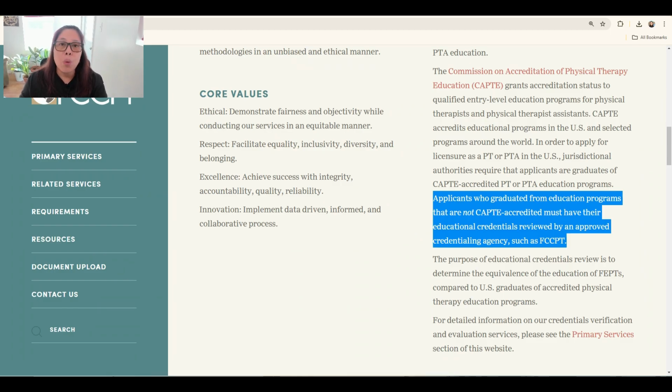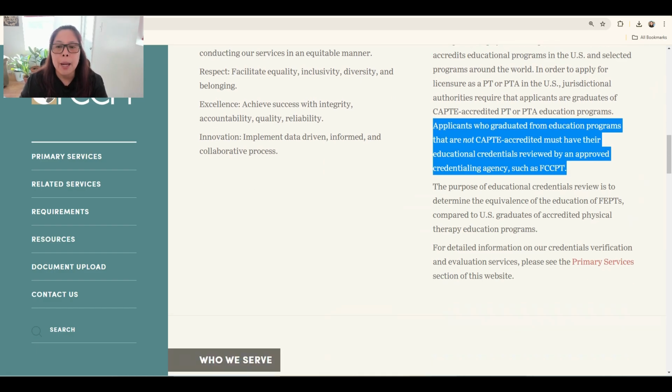Basically, since we foreign educated physical therapists are not under CAPTE, the governing body for physical therapy education here in the US or some parts of the world, we need credentialing to ensure that your courses, subjects, and trainings are comparable, high quality, comparable to US standards.